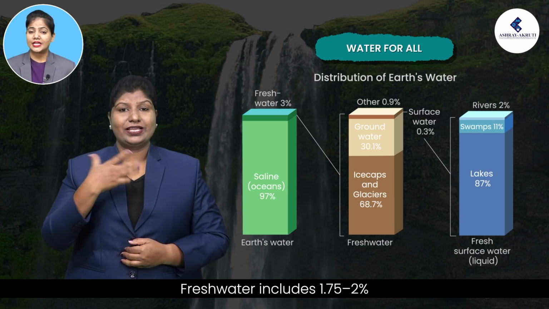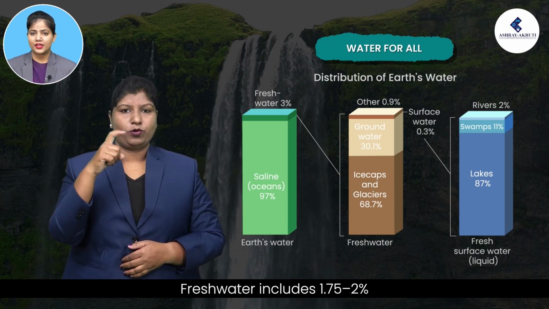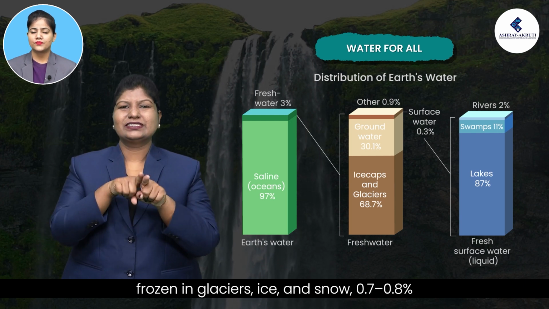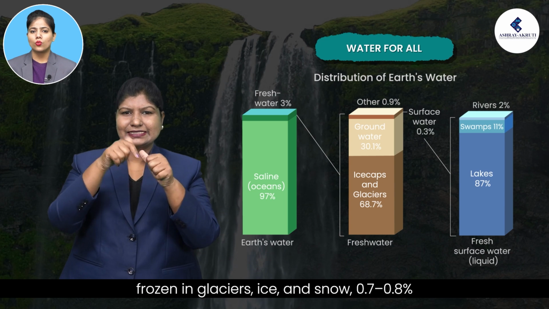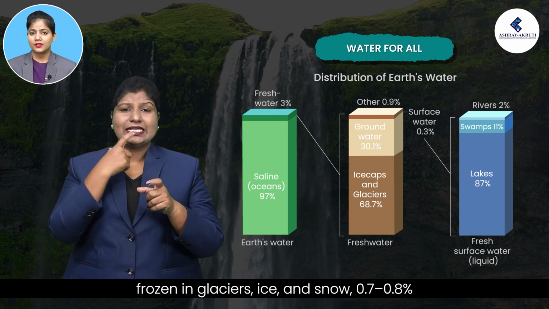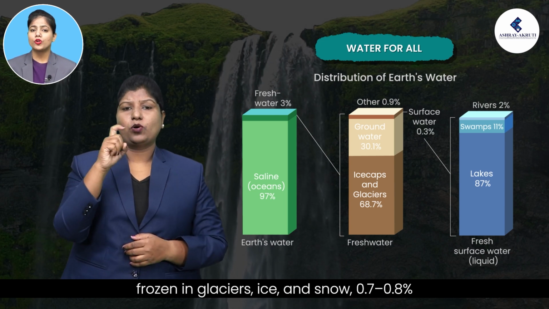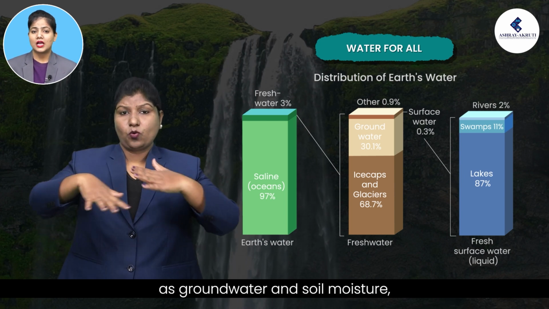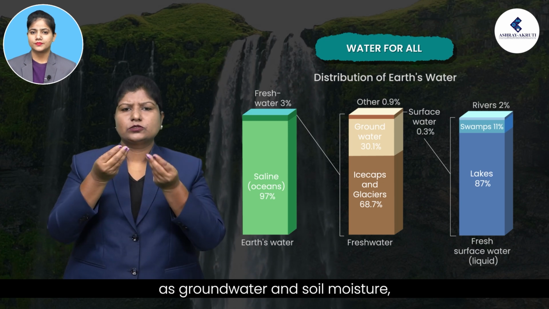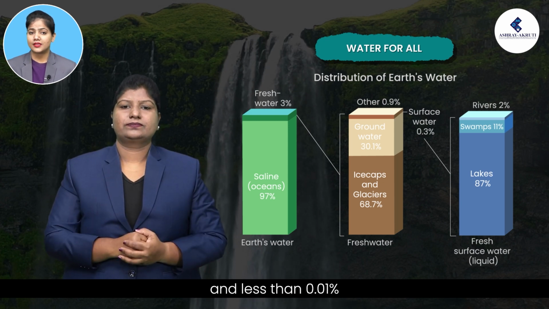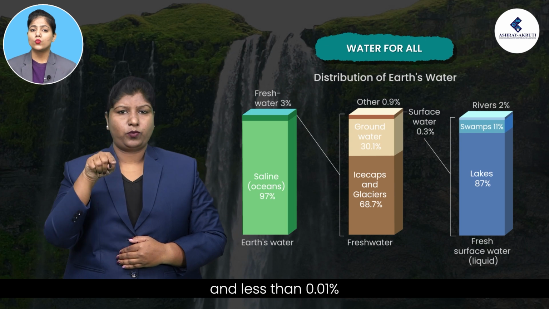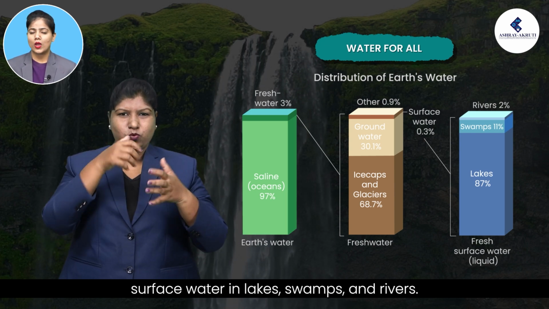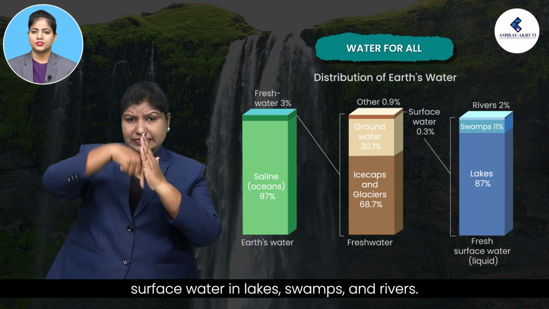Fresh water includes 1.75 to 2% frozen in glaciers, ice, and snow, 0.7 to 0.8% as groundwater and soil moisture, and less than 0.01% surface water in lakes, swamps, and rivers.